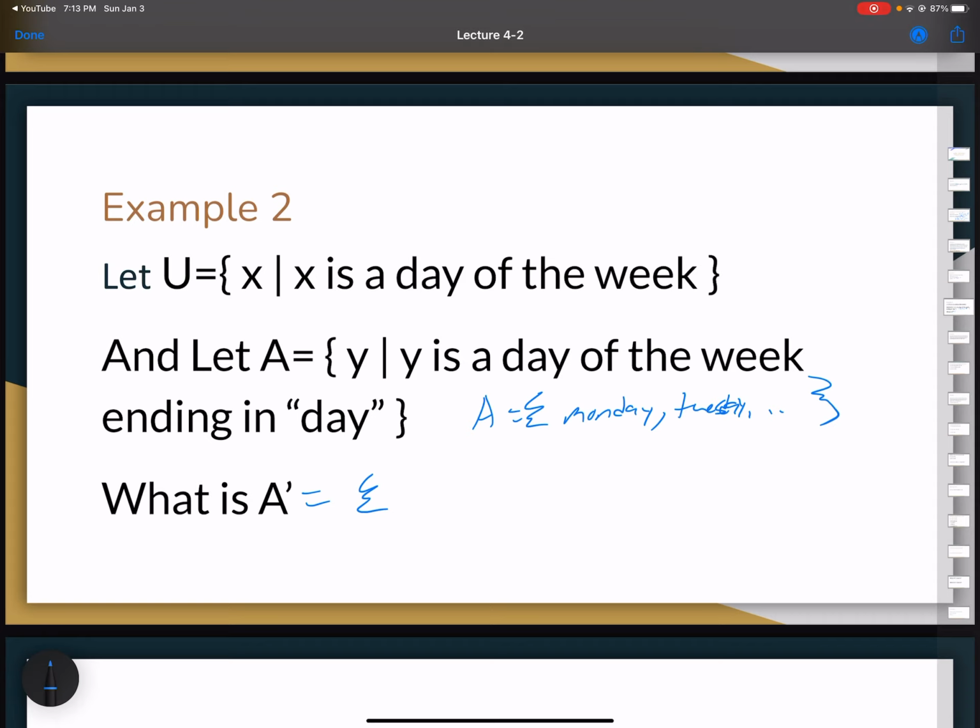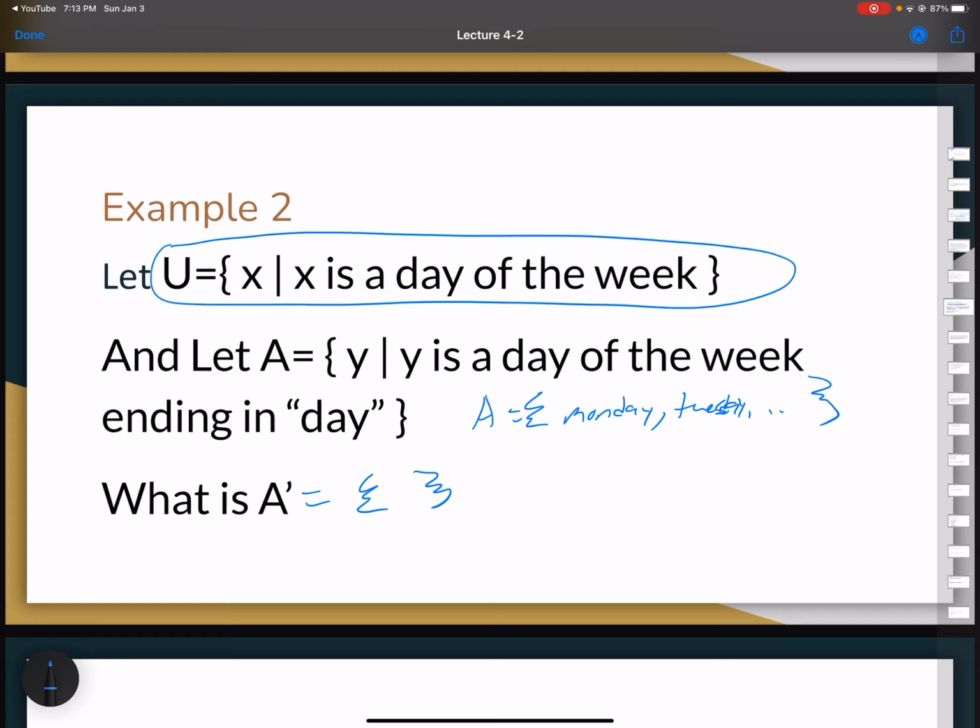Well, there are 7 days of the week. There's Monday, Tuesday, Wednesday, Thursday, Friday, Saturday, and Sunday. They all end in the word day. So the complement of A would be anything else, but there is not anything else. So we end up with the empty set. So the complement of a set that is equal to the universal set, if all of the elements are taken, is just going to be the empty set.